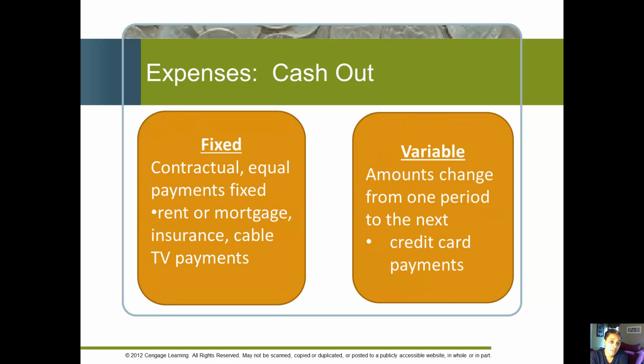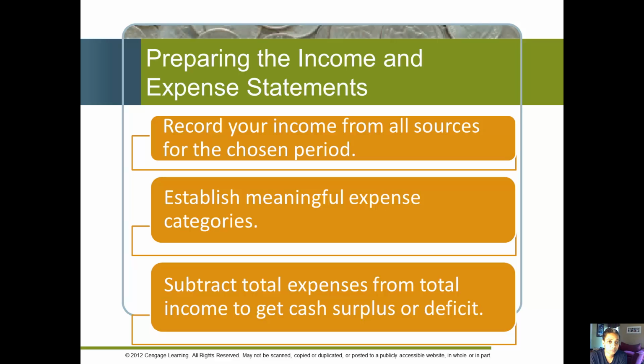Some of these expenses, or this cash going out, are contractual, maybe installment loans, fixed payments for rent or mortgage or cable, things that basically don't change every month. And then the variable, you can change that. So your credit card payments, your food expenses. Those are things that you can adjust if need be.